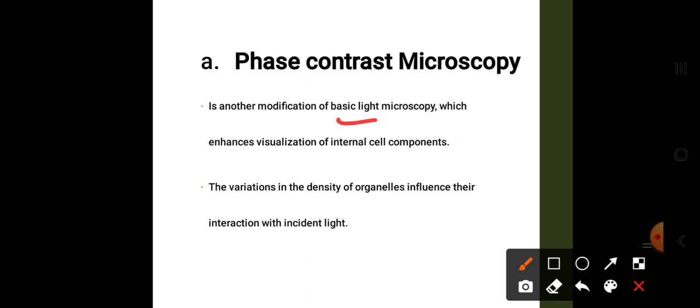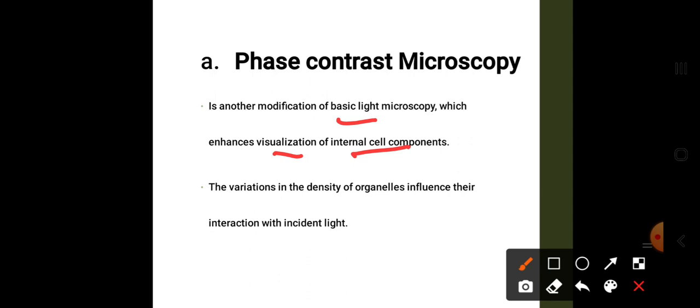It enhances the visualization of the internal cell components. In phase contrast microscopy, the internal cell components are assessed or studied. What is the density here?